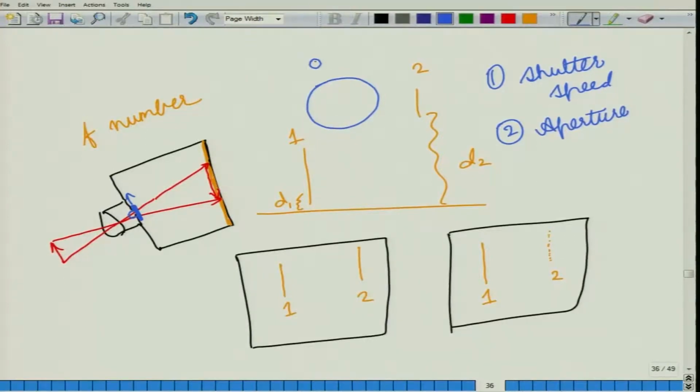Now, another way in which the size of the aperture affects the photograph is that a very small aperture is represented by a higher f number. So, a higher f number, say f11, would give you a high depth of field.